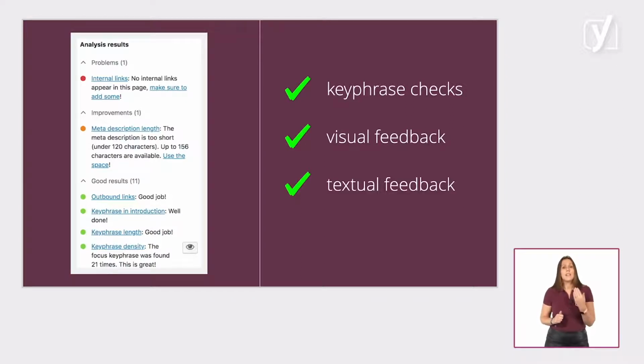The feedback that comes with the bullets tells you exactly how you can improve your text. In addition to keyphrase checks, the SEO analysis also gives you feedback about your links, your images and snippet elements. In other words, we tell you exactly how you can improve your content from the perspective of SEO.